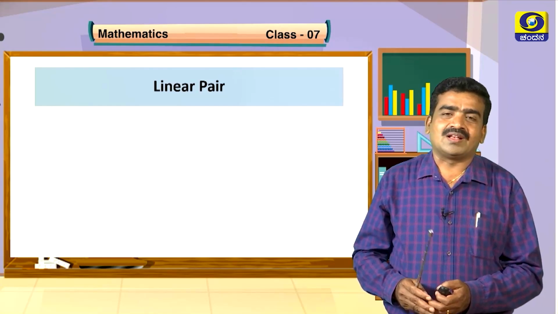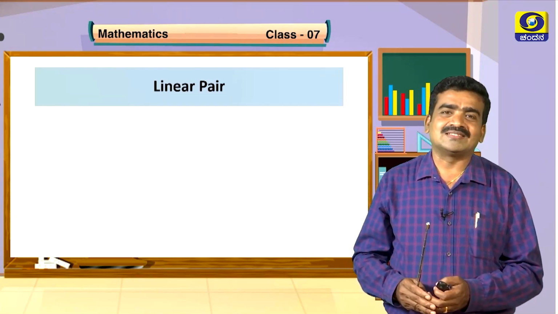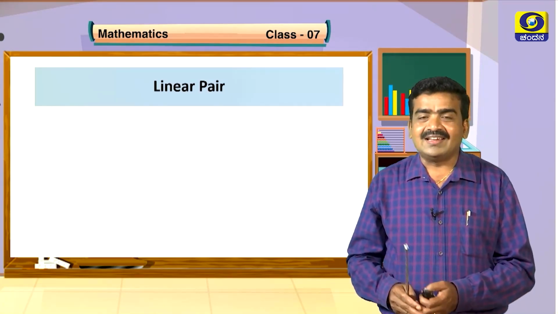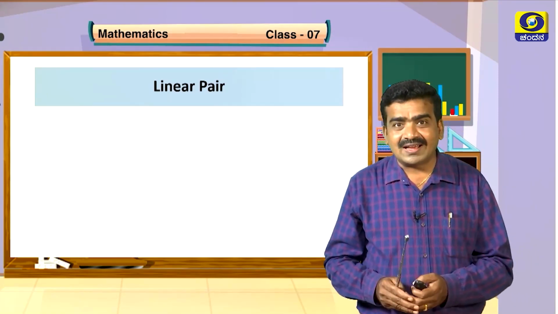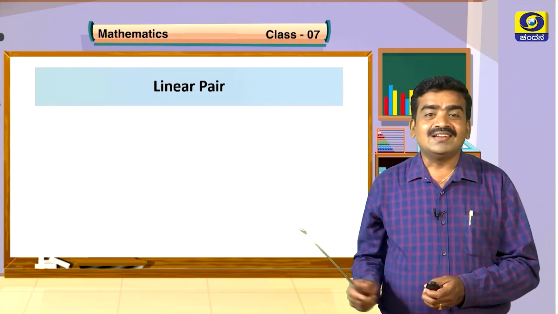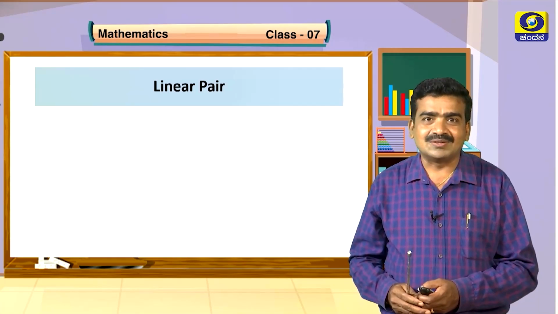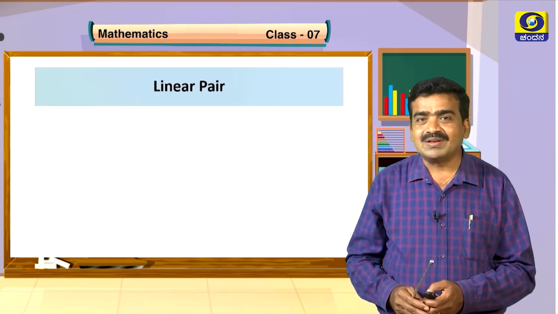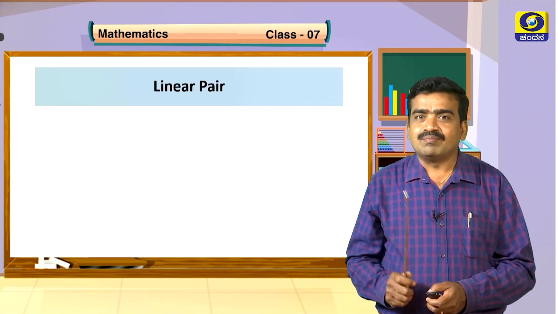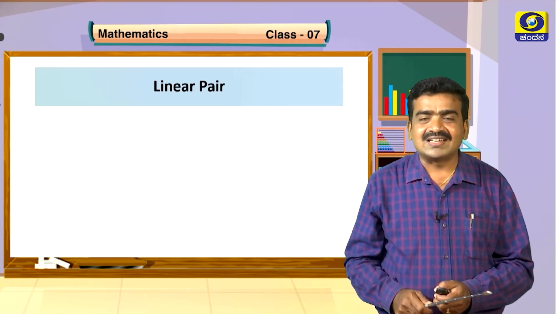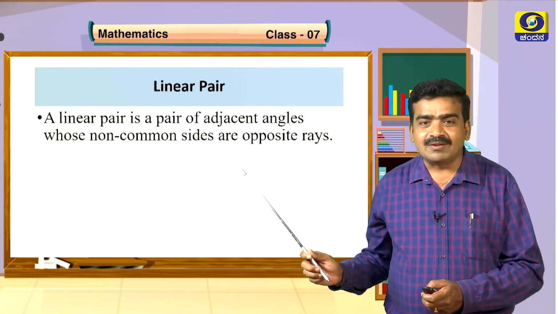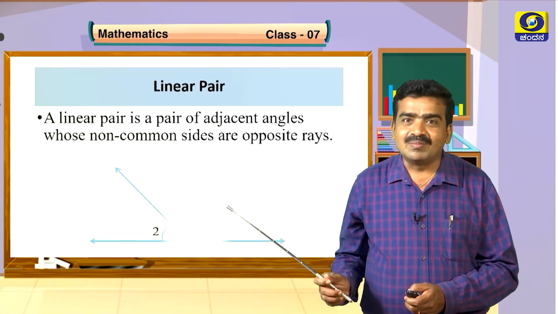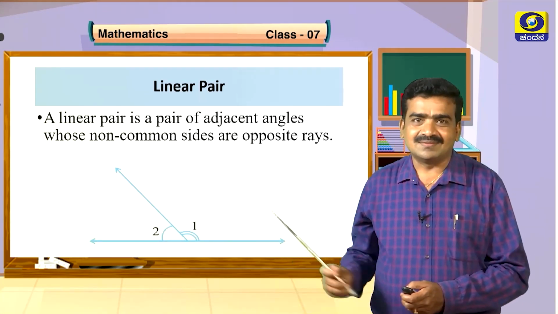In case of complementary angles, the sum is 90 degree. In case of supplementary angles, the sum is 180 degree. In case of linear pair also, the sum of the two angles will be 180 degree. But just like adjacent angles, in a linear pair we can see a common vertex and a common side.